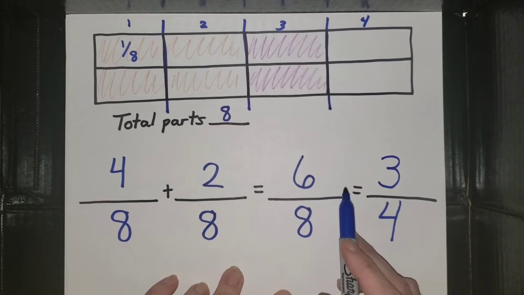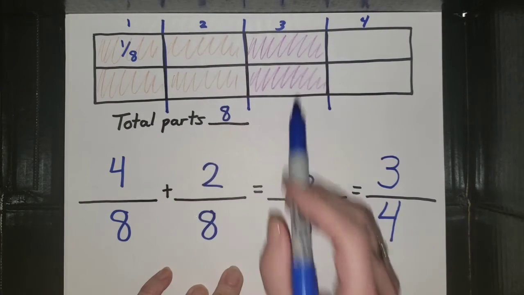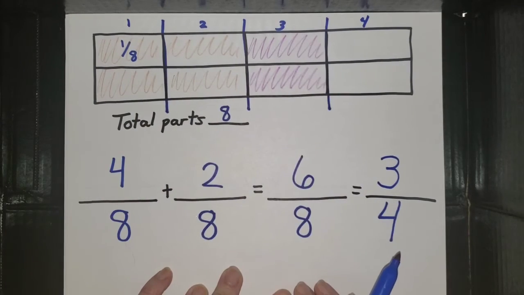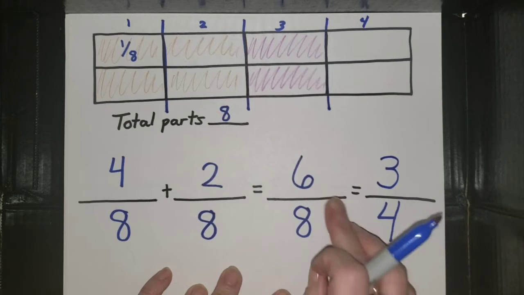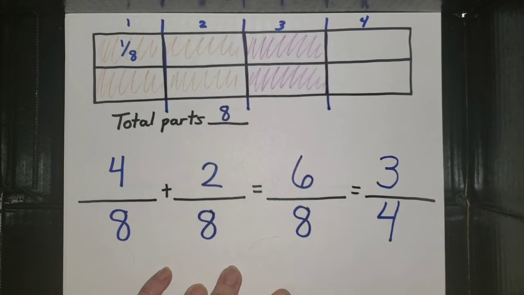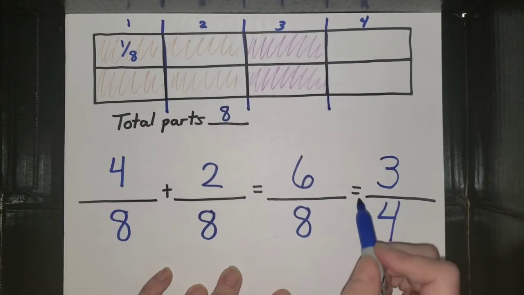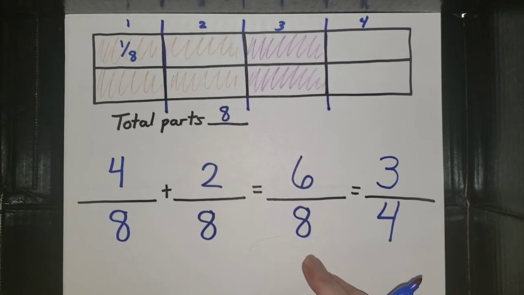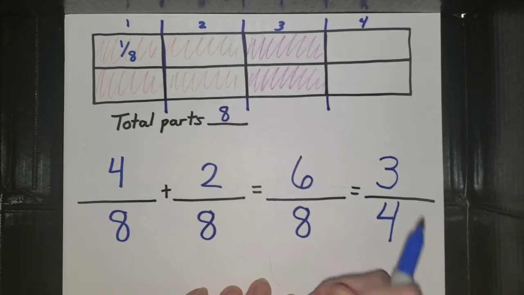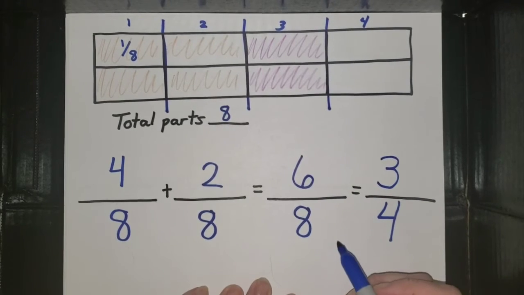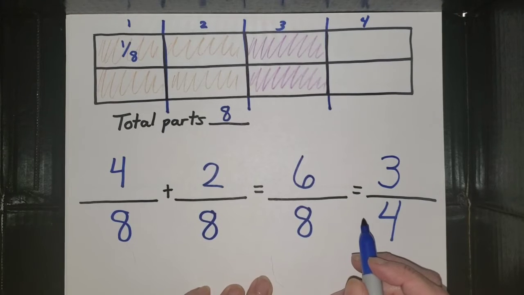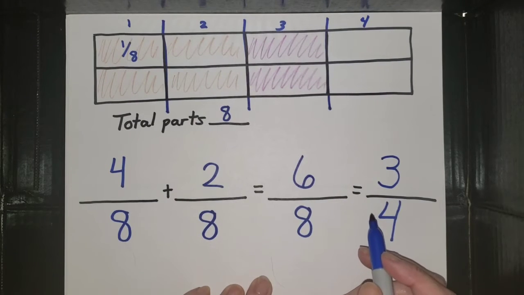Now there is a way that we can do this quicker without using the model. So once you understand how we can get it using the model, you can then jump to doing some math, either mental or writing it out as we are going to do now. I think with 6 and 8, they are both even numbers, and all even numbers can be divided by 2.